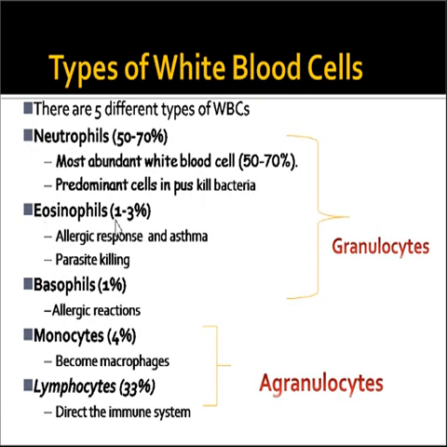Then comes the eosinophil, whose composition is around 1 to 3%, and they are produced in response to allergy or asthma, or in case of parasite killing. The third granulocyte is the basophil, which is around 1%, and they are principally involved in allergic reactions. Then come the agranulocytes.